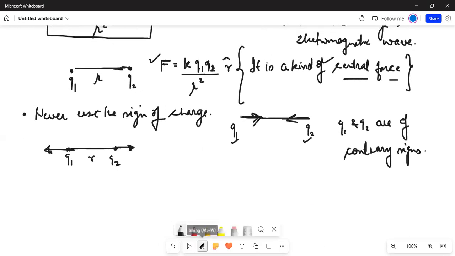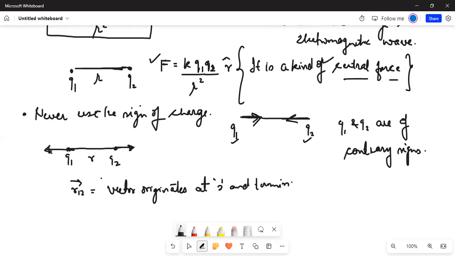Let's say the R12 vector, which originates at 2 and terminates at 1. Basically what R12 means is that it originates at 2 and it terminates at 1. Okay, this is what I'm writing, R12.